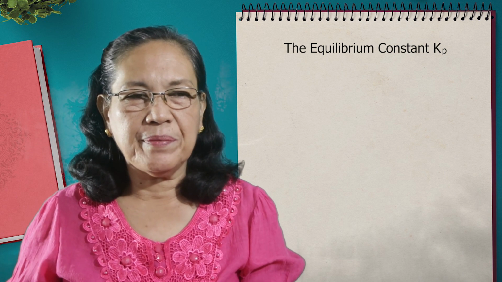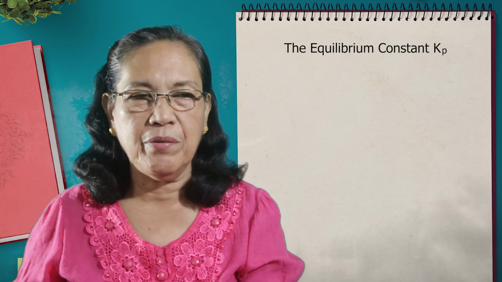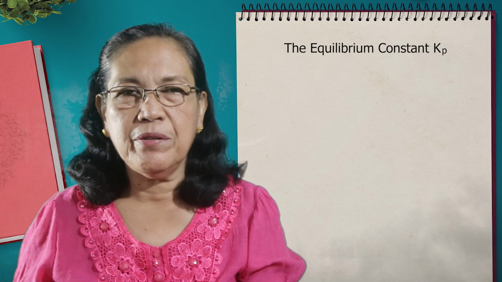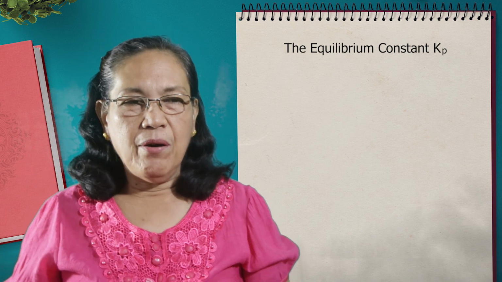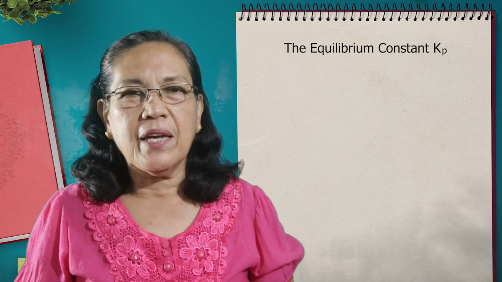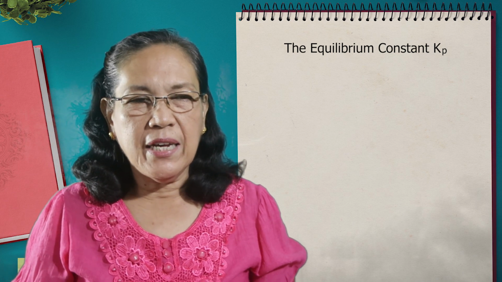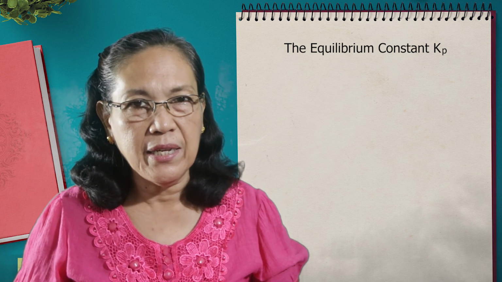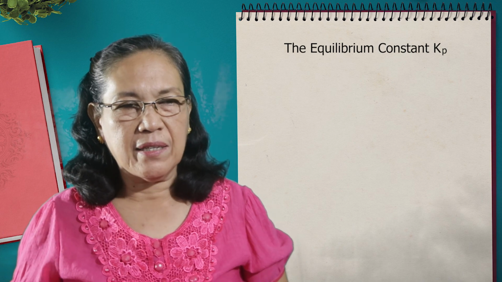The partial pressure of W raised to the exponent w equals the concentration of W raised to the exponent w times RT raised to the exponent w. Now, if we consider the other reactants like Y, the partial pressure of Y is equal to the concentration of the reactant Y, placed inside the bracket, raised to the exponent y, times RT.